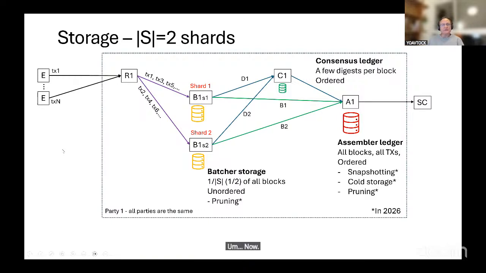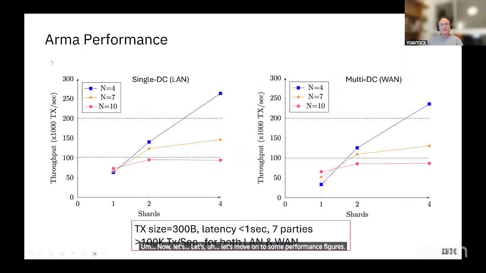Now let's move on to some performance figures. We did several experiments, and what we see here is an experiment in which we use a typical transaction size of 300 bytes, and we load the Arma network with as many transactions as we can, while maintaining a latency below 1 second.